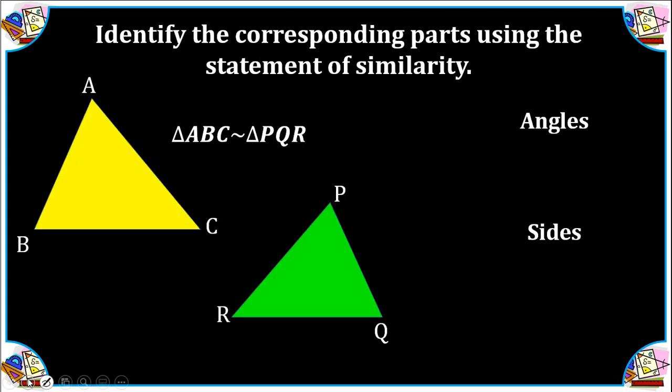So let's talk about corresponding parts of triangles. We have three angles and we have three sides. Here is our similarity statement. It says triangle ABC is similar to triangle PQR.